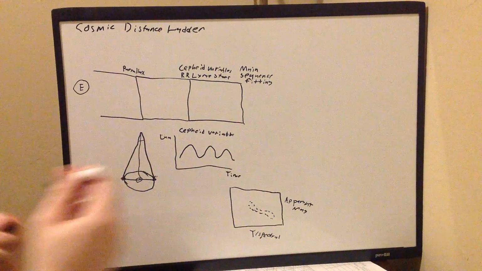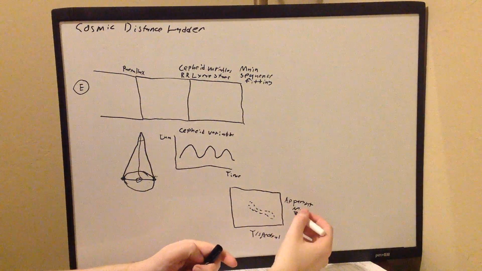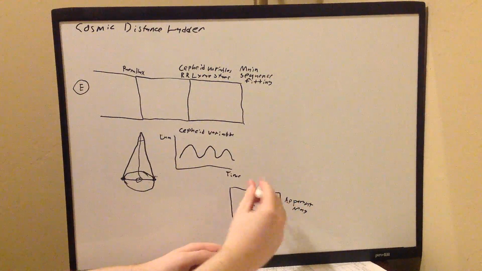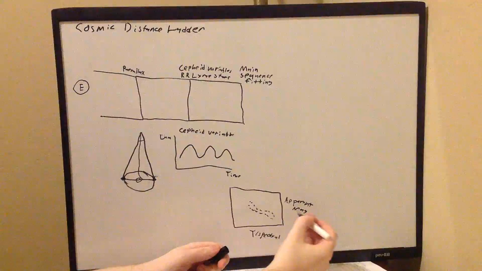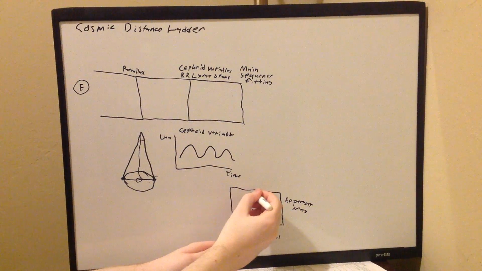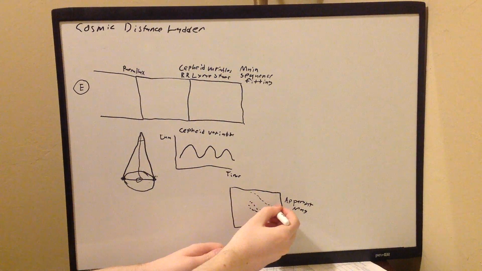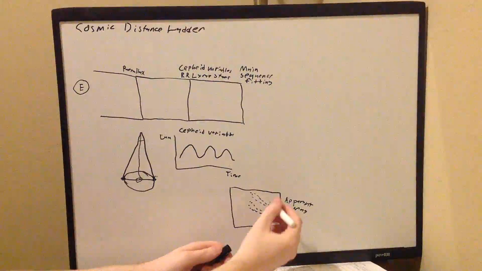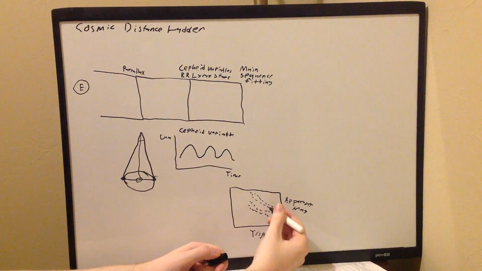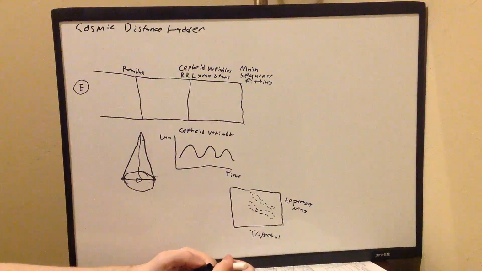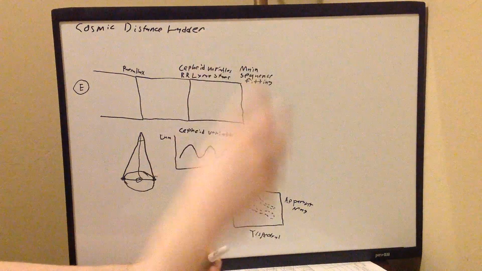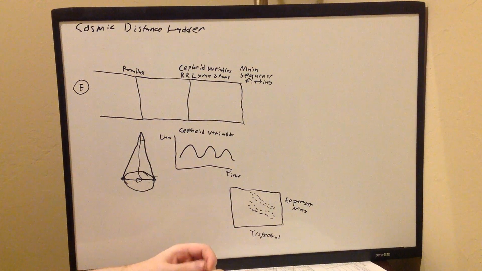However, if we were to compare this to what the main sequence would look like in an HR diagram with absolute magnitude, we would see that it would look like this. Right? So we see it has the same kind of shape, but it's shifted down from where we would expect it to be on a normal Hertzsprung-Russell diagram.